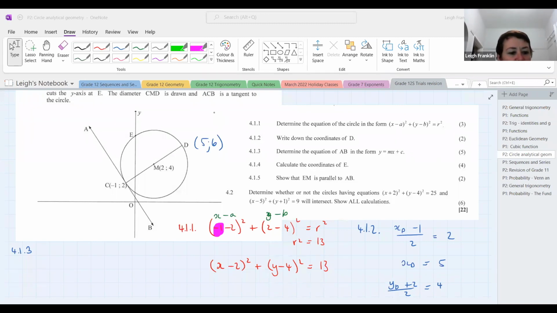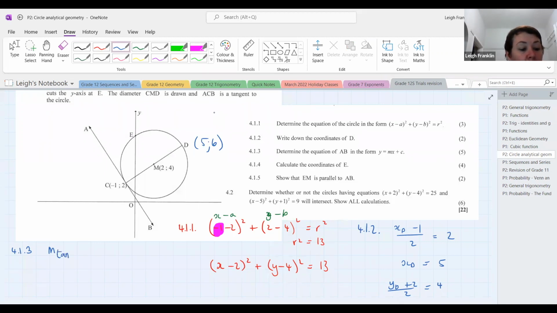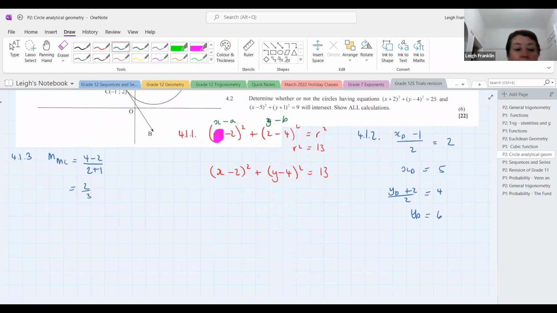I would have calculated the gradient of the tangent, the gradient of the radius, beg your pardon, MC, by saying 4 minus 2 over 2 plus 1. That's where you guys are getting the 2/3 from. And then we know that the gradient of the radius times the gradient of the tangent equals -1.